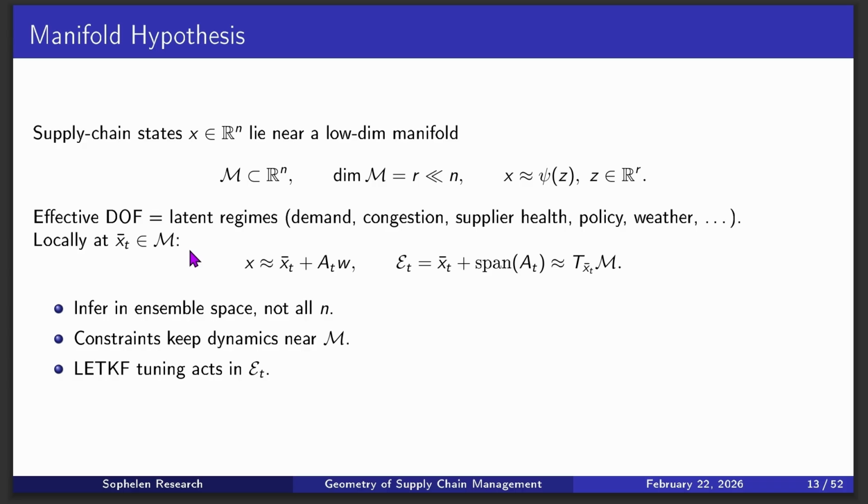There are a lot of mountains, hills and valleys, but if you stand at some place, things look pretty flat. Because of that, we are able to work locally, we are able to infer in the ensemble space, and everything is trackable. And because we move in small increments and work locally, we can apply the Kalman filter.